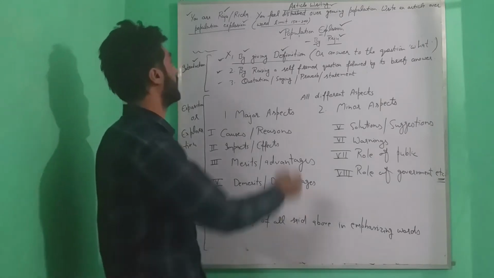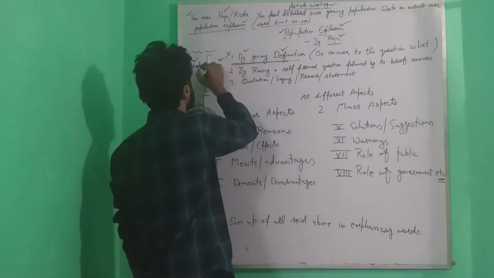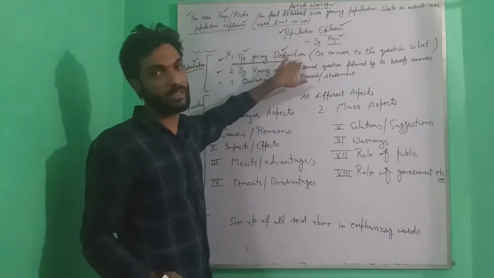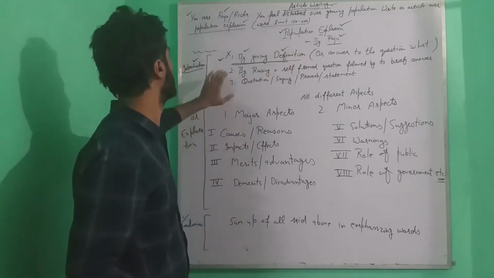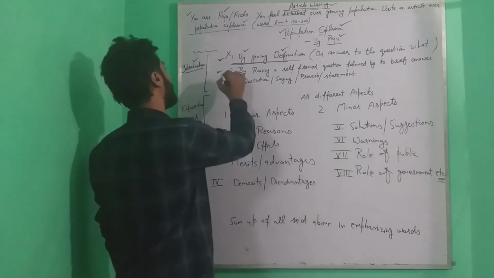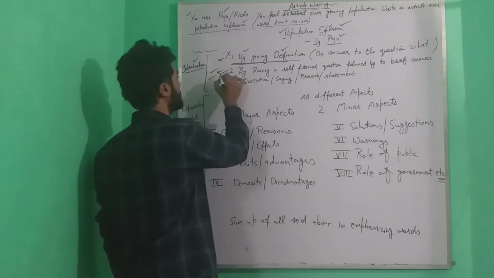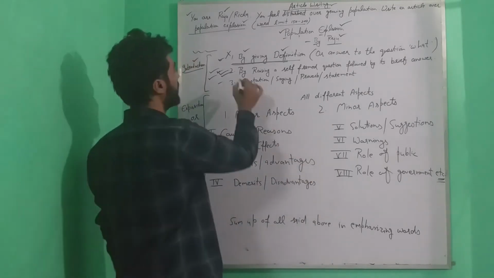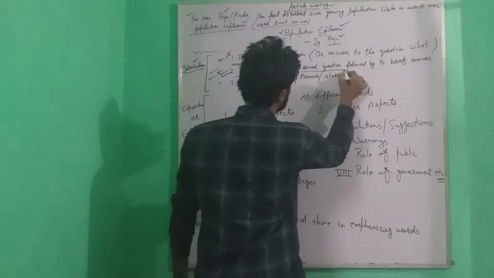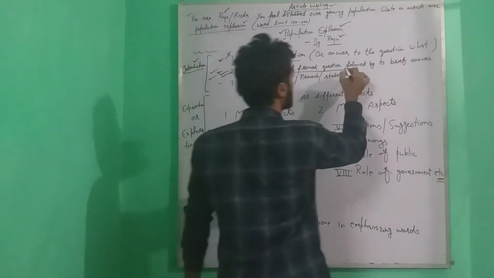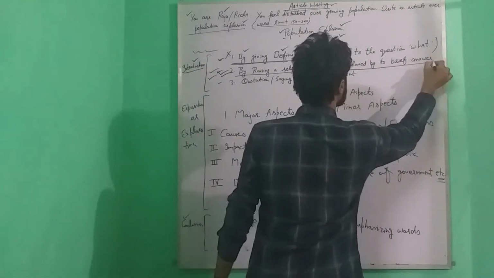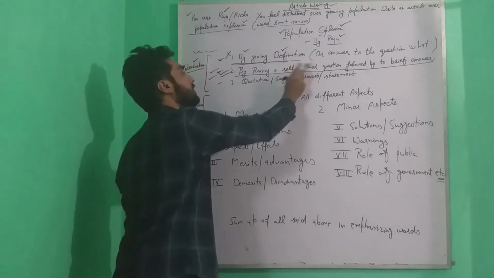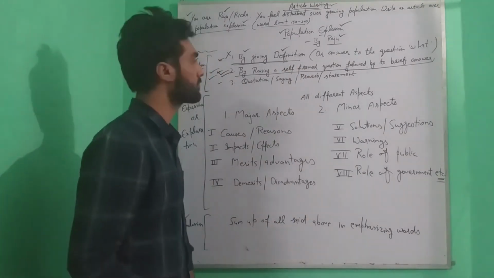So use this first way of introducing an article wherever it fits properly, and second way, this is the most popular and most impressive and scoring as well, by raising a self-framed question, and this self-framed question will be followed by a brief answer of the same question.